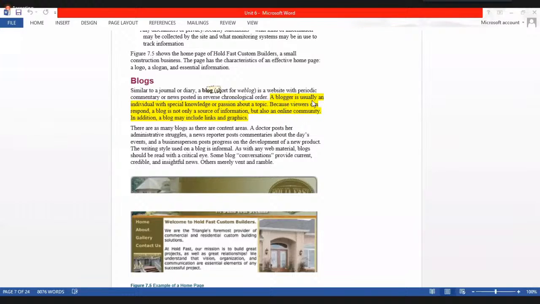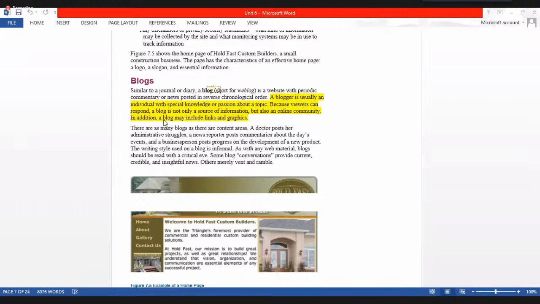A blogger is an individual with special knowledge or passion about a certain topic. That individual has special knowledge and passion. And that's why every day he or she updates the information and posts that information on the web page. So that is called a blog.